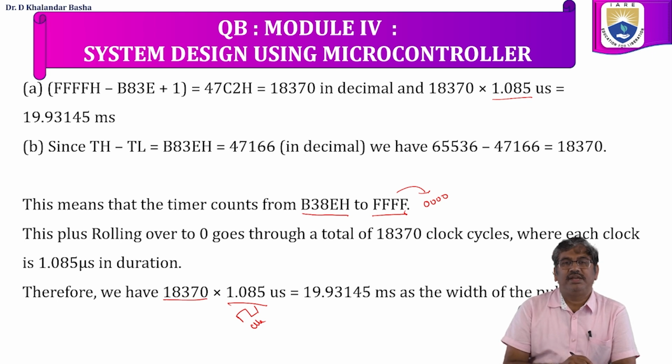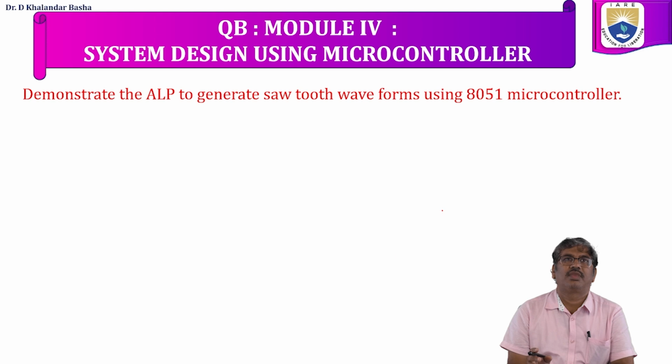Which will give us 19.93155 milliseconds as the width of the pulse. As it is a 50% duty cycle, approximately 20 milliseconds in logic 0 and 20 milliseconds in logic 1, which is equivalent to 40 milliseconds of pulse width that we are going to get for a square wave.